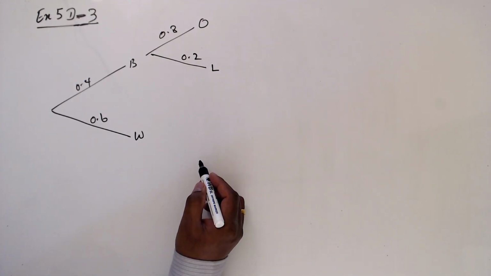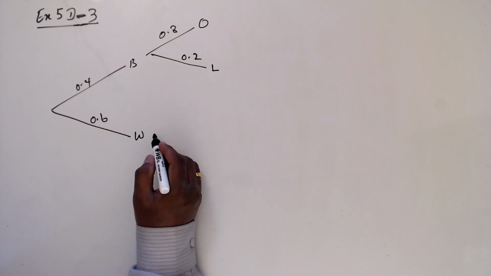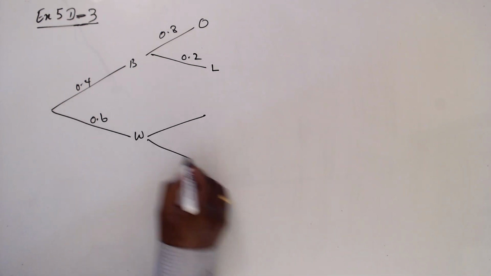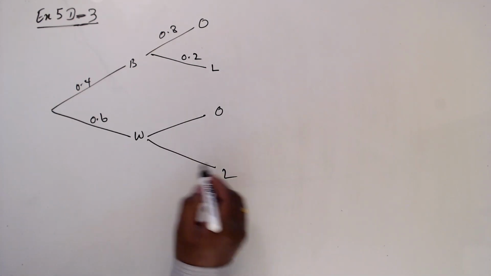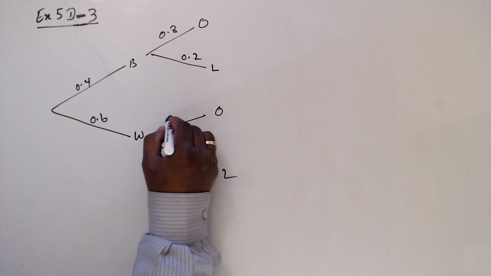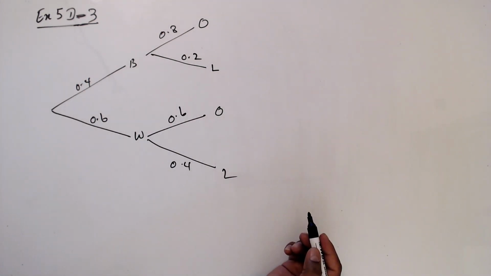If he walks, then on time, late: 0.4 late, then on time is 0.6.